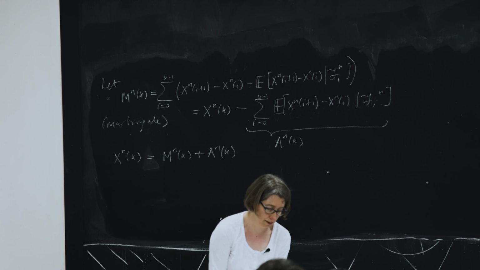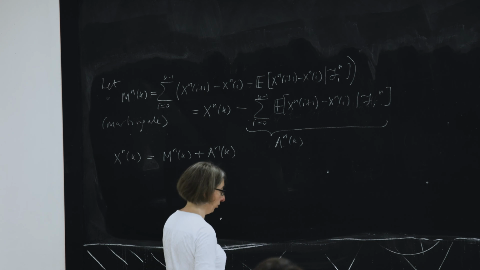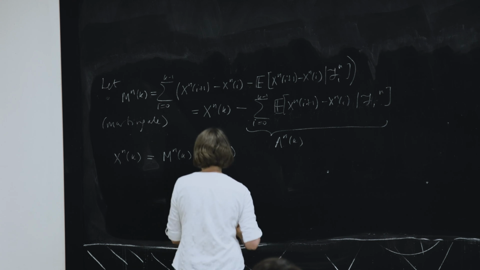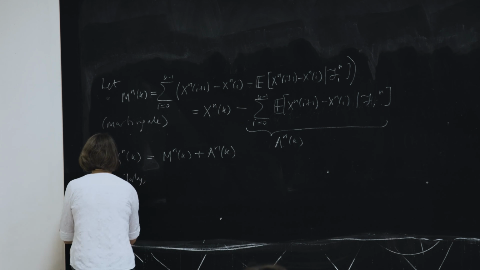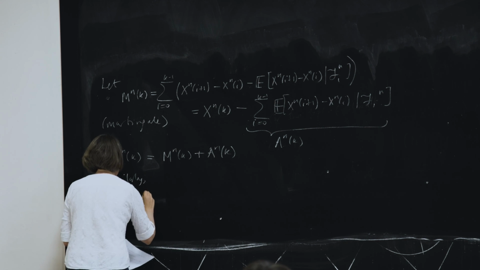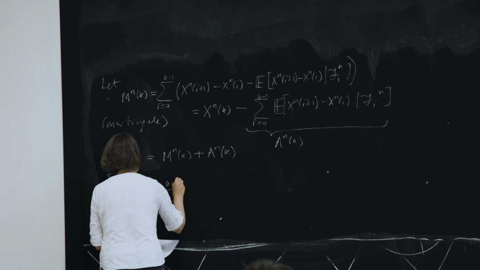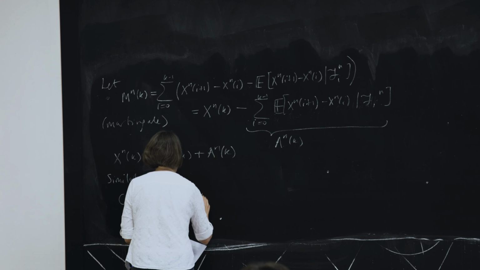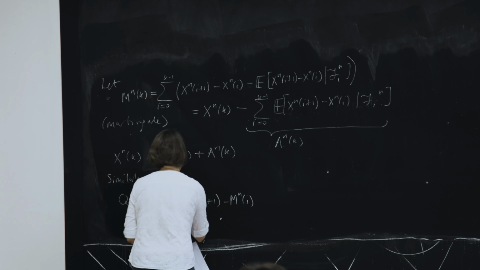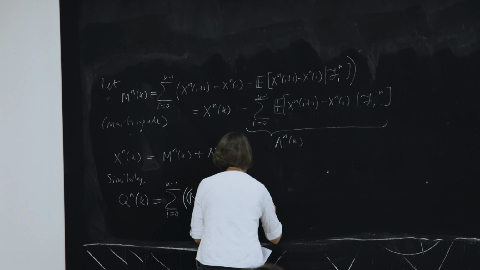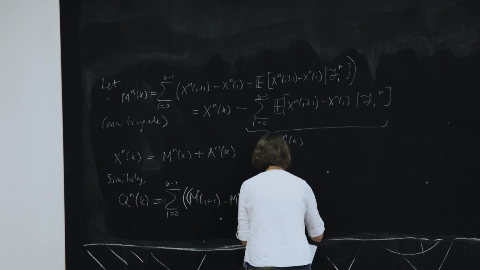So similarly, I want to do something similar to this for the square of the increments. So let's define Q_n of k to be the sum from i equals 0 to k minus 1 of the square of one of my martingale increments, minus the corresponding expectation, which here I'm going to write as a conditional variance.